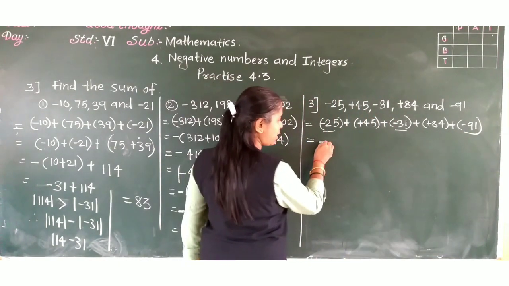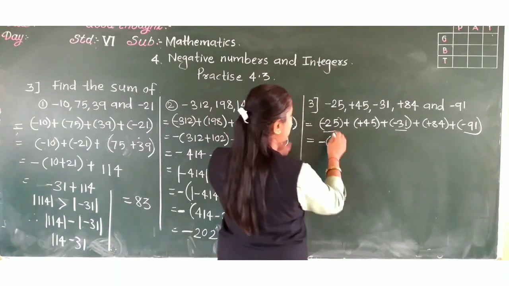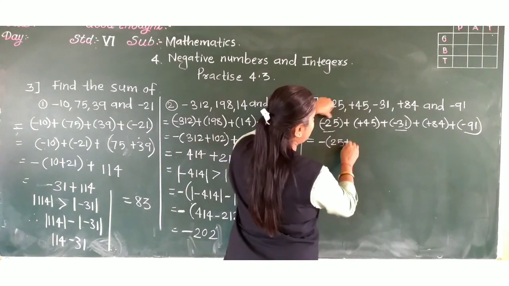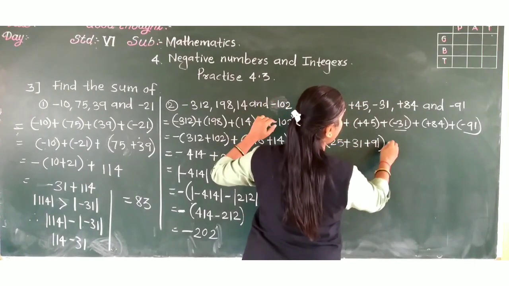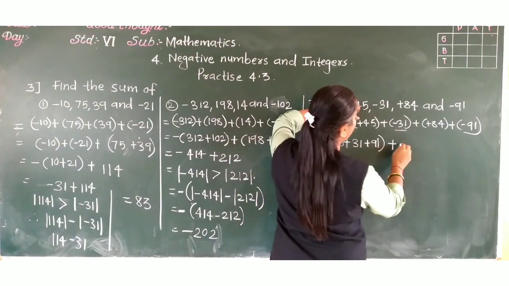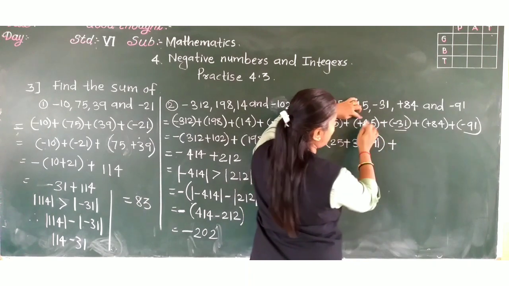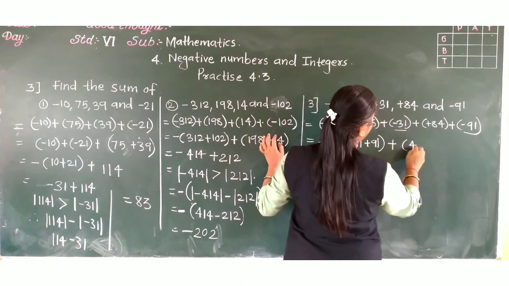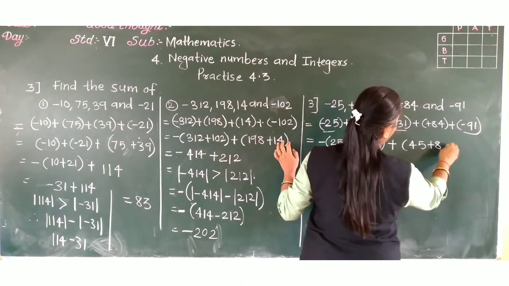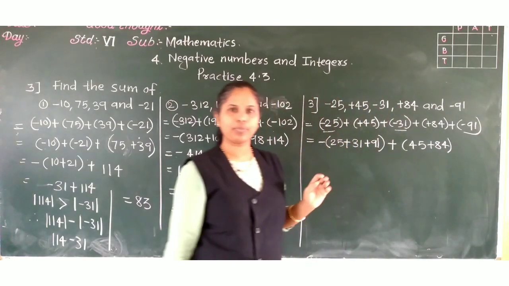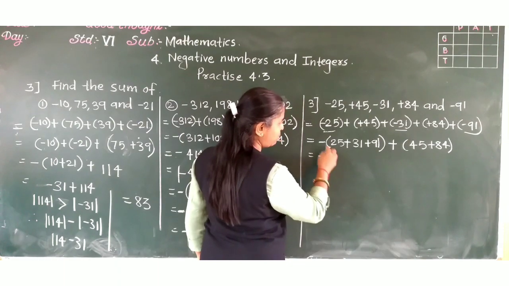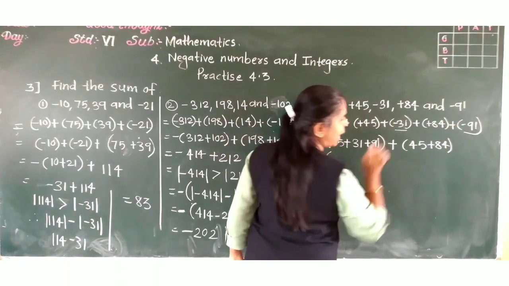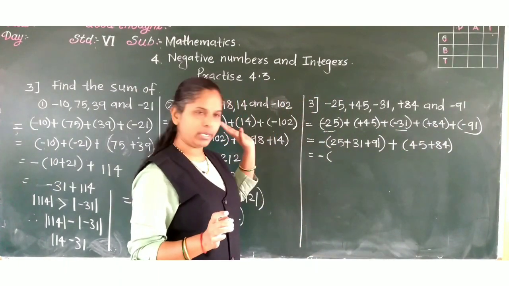So the minus sign I will write outside only. Inside, what will I write? 25 plus 31 plus 91. And then these having positive sign I will write together: 45 plus 84. Okay, now add. The minus sign will be outside only because these integers have the minus sign, so it will remain common.